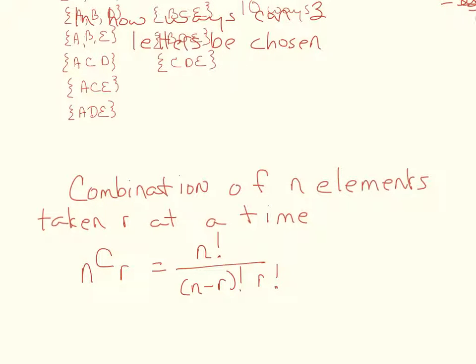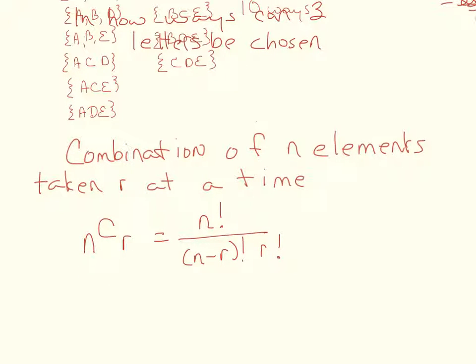So we had 5 elements earlier, taken 3 at a time. So we could use the formula rather than listing everything out. So we would have 5 factorial over 5 minus 3, which is 2 factorial, times 3 factorial.